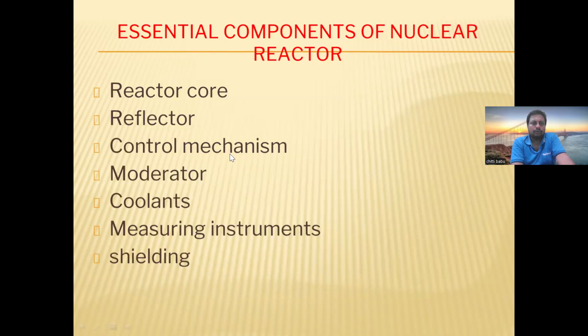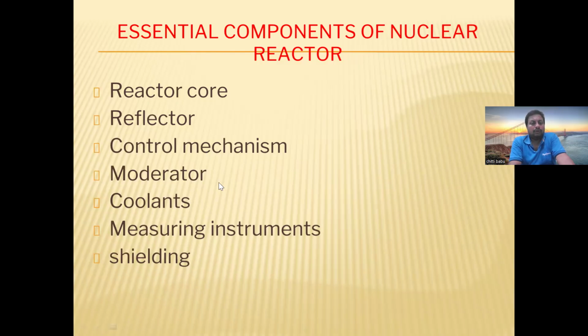First, the nuclear reactor core, in which the nuclear fission reaction takes place. Then the control mechanism, where control rods are used. The material of the control rods is cadmium. If the control rods are not used properly, it will form a nuclear bomb.